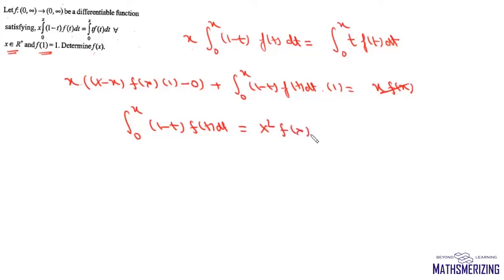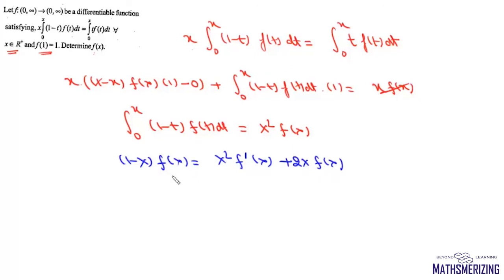x square f(x). Now we'll again differentiate this function. So if we differentiate it again, we'll get 1 minus x into f(x), and it will be equal to x square into f dash x plus 2x into f(x).